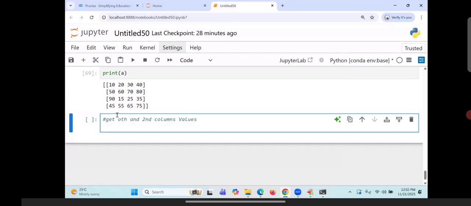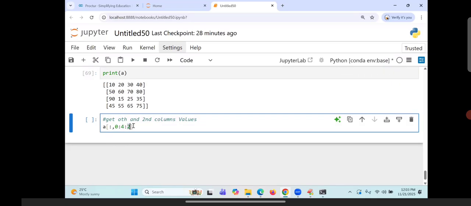Come on, A of colon. Simply colon. Colon means all rows. Okay, 0 colon 4 colon 2. Are you following me? 0 to 4 means what? All columns.